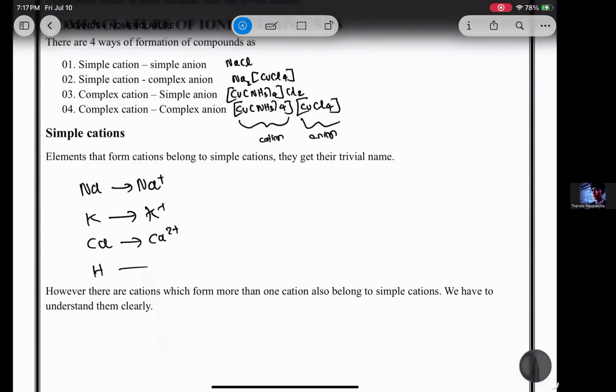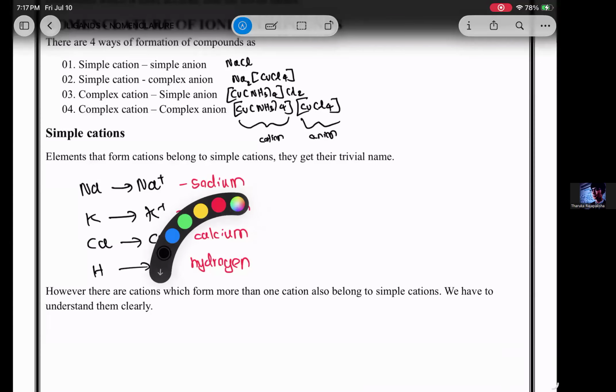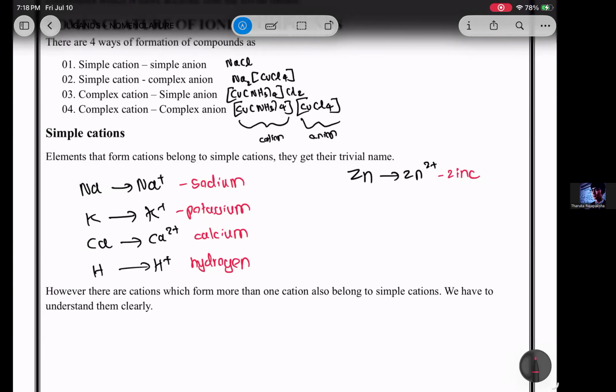Hydrogen is also the same, hydrogen forms hydrogen plus. The names given for these are just sodium, potassium, calcium, hydrogen. That's it. If you have zinc, then zinc.